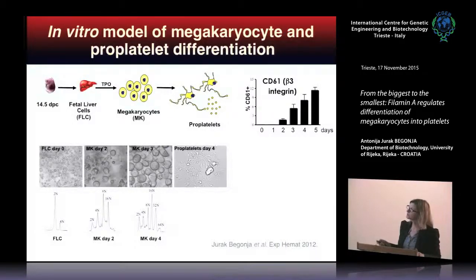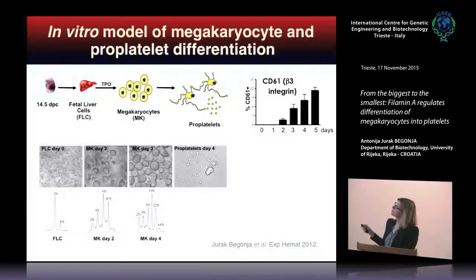In the culture, you can observe big cells appearing, megakaryocytes, which then make proplatelets. You can easily monitor the morphology of proplatelets, or we can monitor the ploidy of megakaryocytes. It increases with increased numbers in a culture.